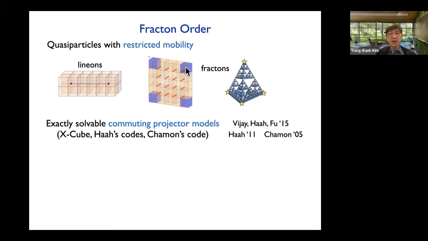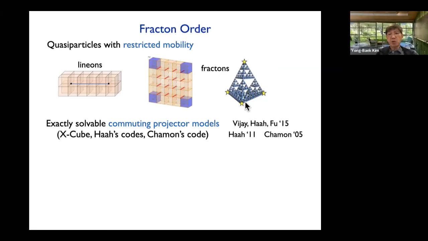Also, you may have excitations at the corners of a membrane-like object, and you cannot create these particles separately. You always have to create them as a cluster, and you can expand this membrane-like object so that the distance between these particles can be larger and larger, but again, you cannot just move one particle at a time.